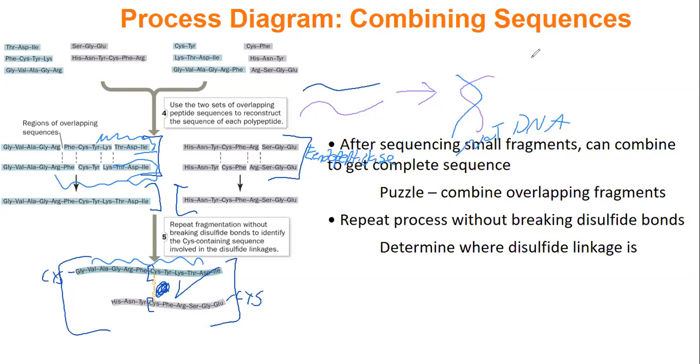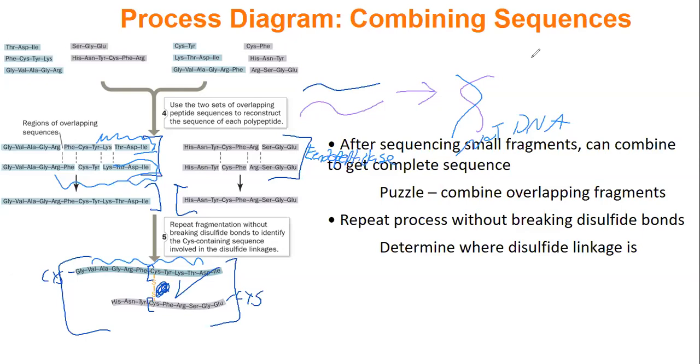Yeah, so you do more than 2 experiments, but yeah, you have multiple copies of this peptide. And each time you do this sequencing, you use a different endopeptidase to make a different series of cuts.